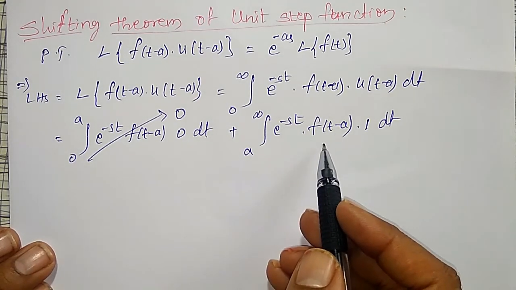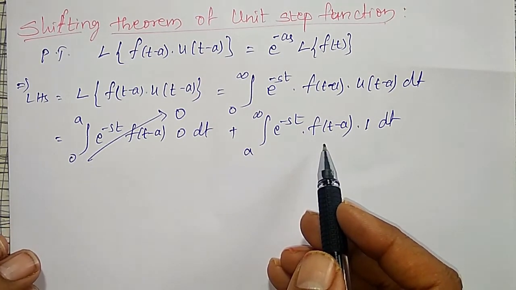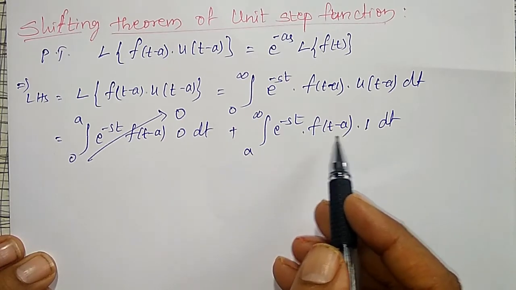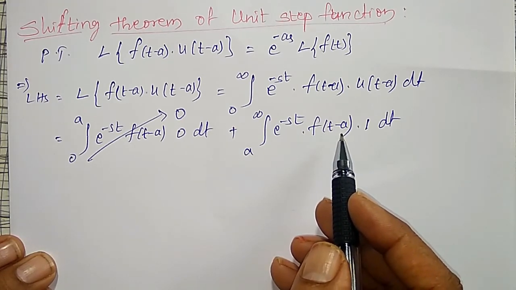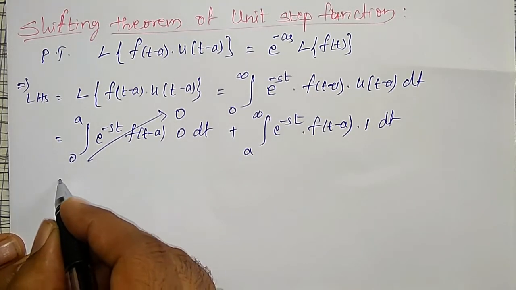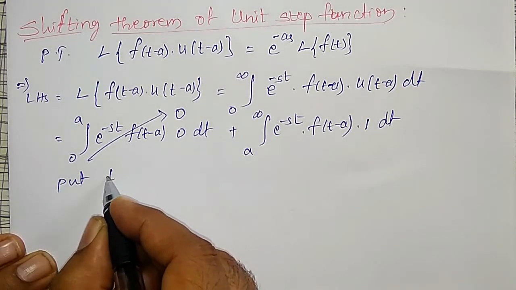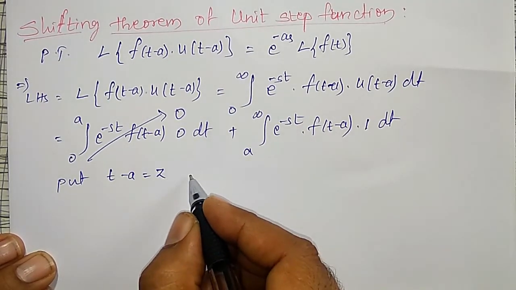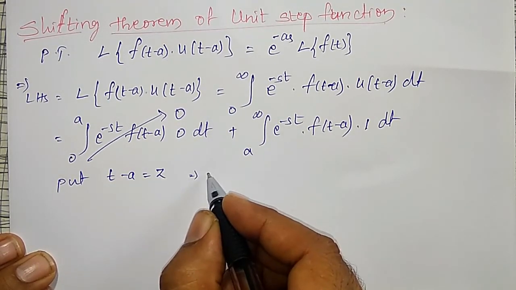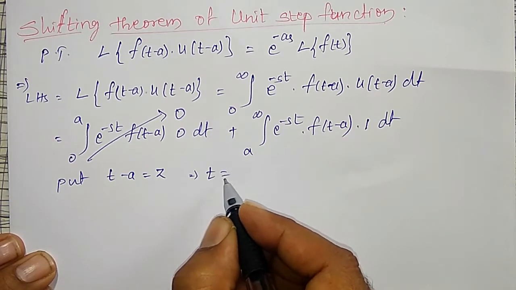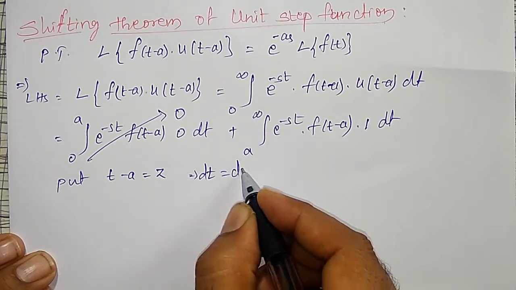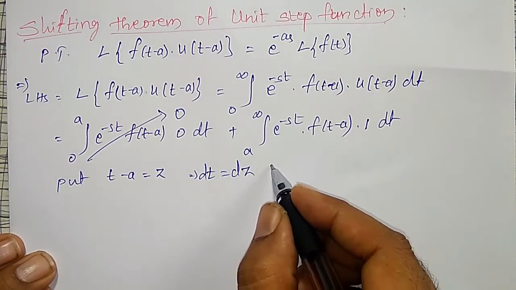To integrate this, let me substitute t minus a equal to z. Then dt becomes dz. What are the limits?